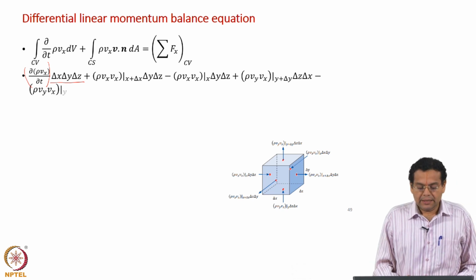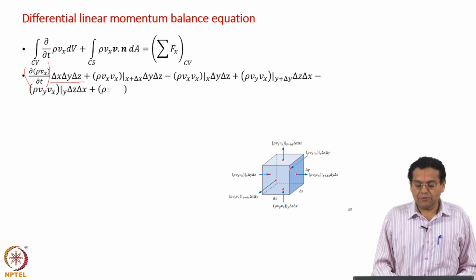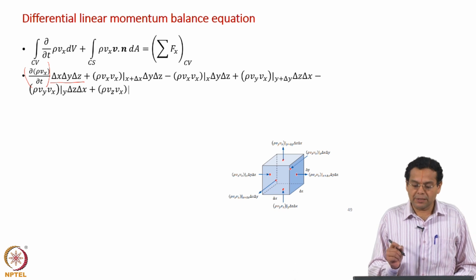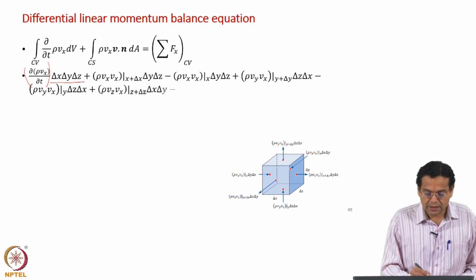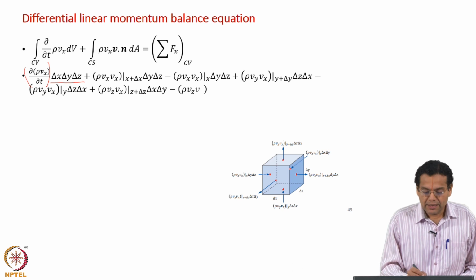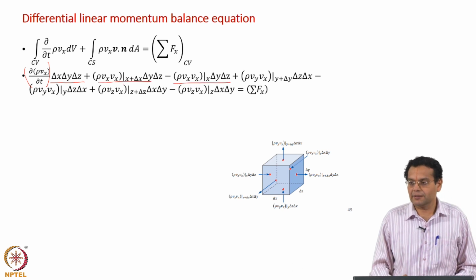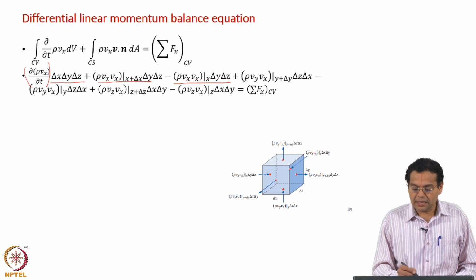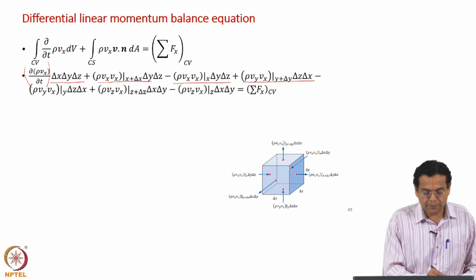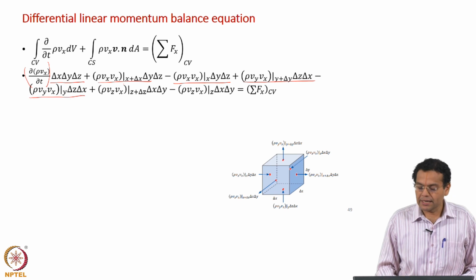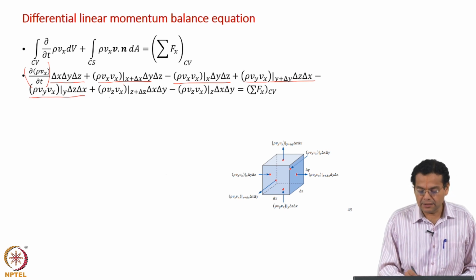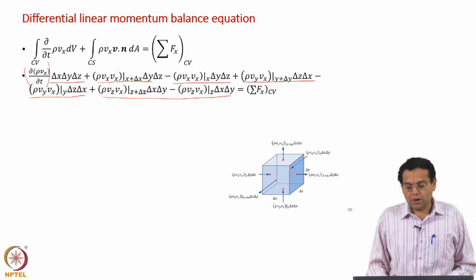Second term, the net rate of flow of x momentum along the x direction. Remember, it is net outflow, that is why it is out minus in, whatever is leaving minus entering. And that is along x direction. These two represent along y direction, out minus in. Similarly, these two terms represent out minus in.